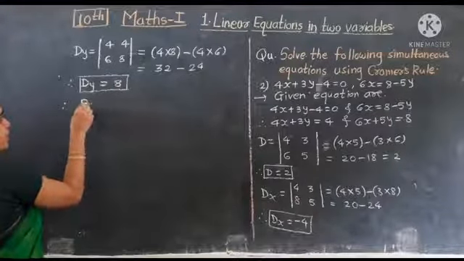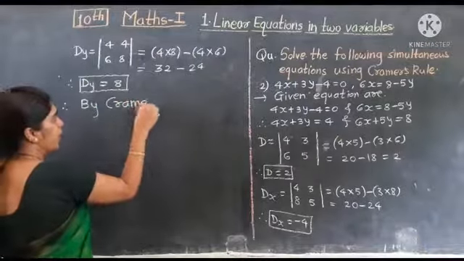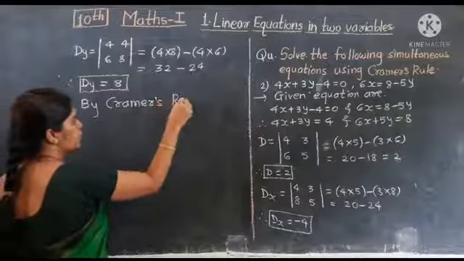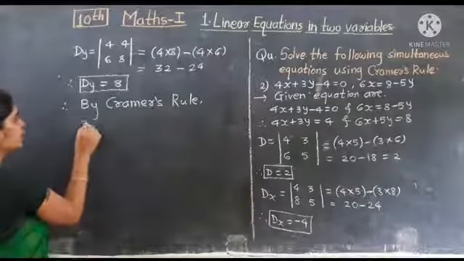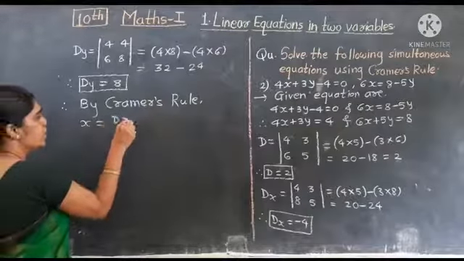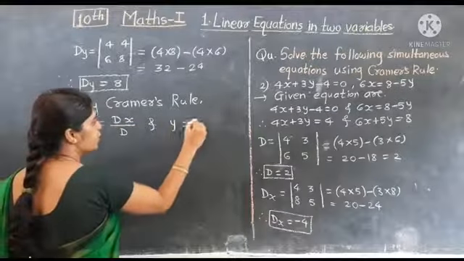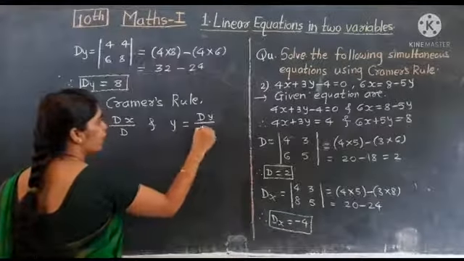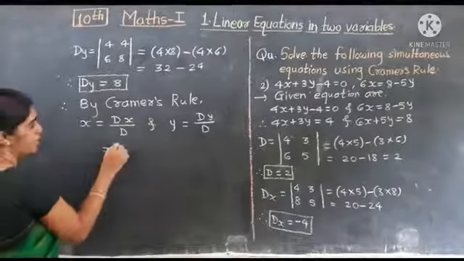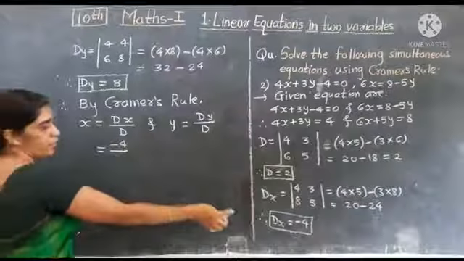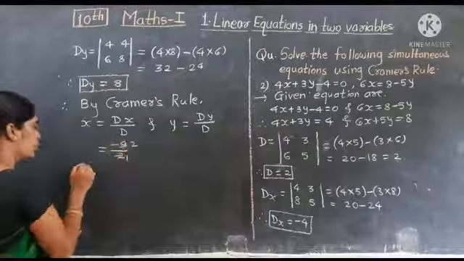Therefore, what says the Cramer's rule? By Cramer's rule, we can write the value of x as x is equal to dx upon d and y is equal to dy upon d. So what is dx here? Minus 4 and d is 2. 2 1s are 2, 2 2s are 4.